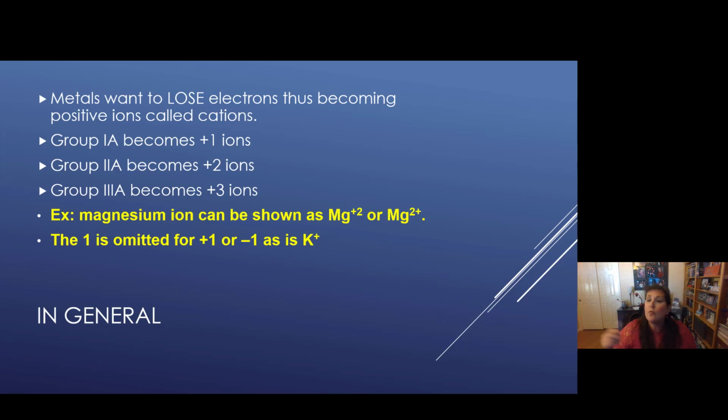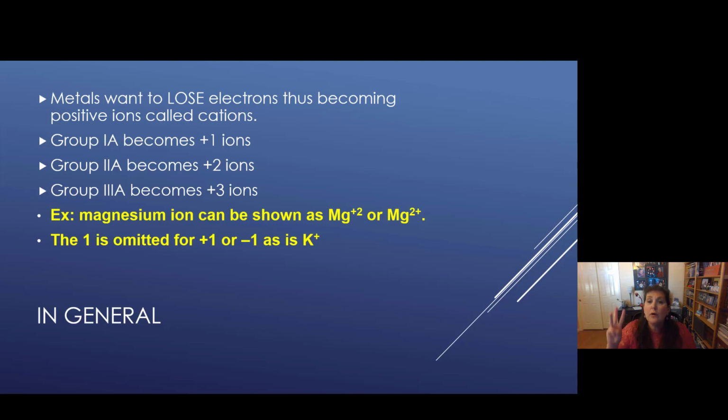Now, you can write these like the example. Magnesium can be shown as Mg+2 or Mg2+. Doesn't really matter to us, it's the same thing. If it's a +1, you don't even have to write the 1. For example, you can omit the 1 in K+1. You can just do K+. There's no number there, so it implies a 1.